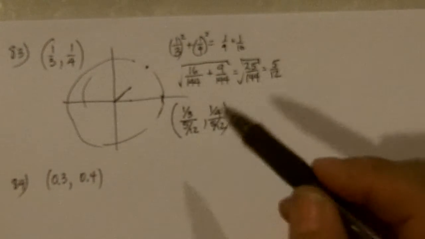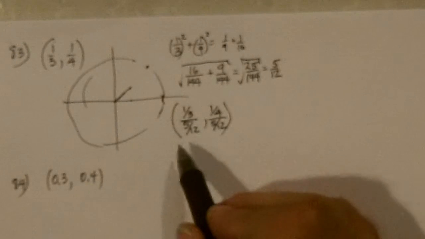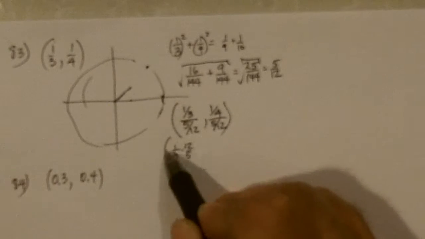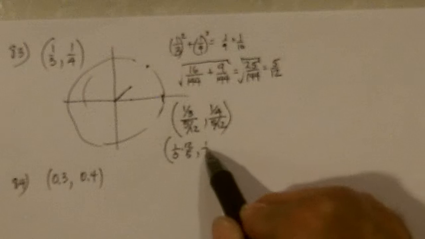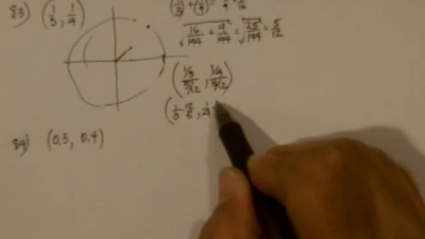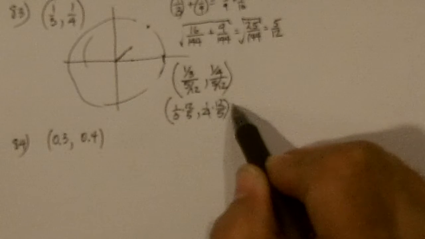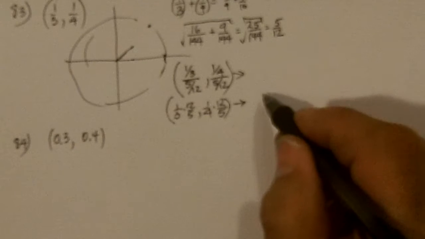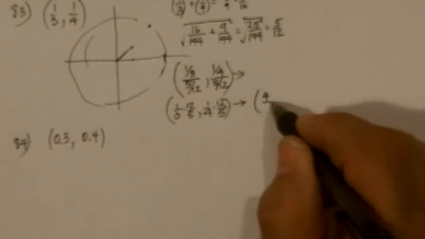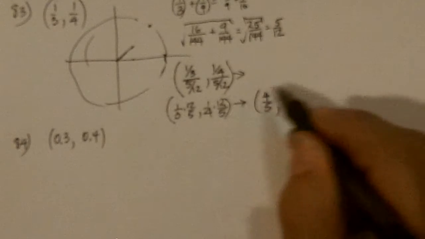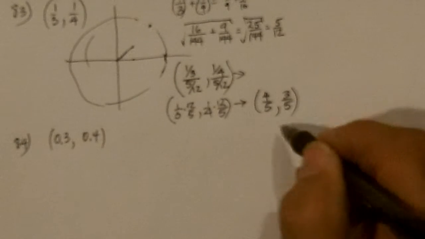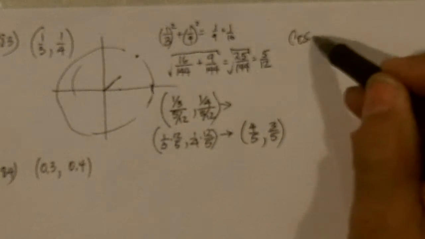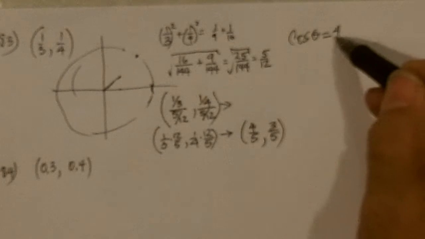And if I invert and multiply, I will get 1/3 times 12/5 and 1/4 times 12/5, which turns into, 3 goes in the 12 4 times, so I'll get 4/5 and 3/5. So the cosine of the angle would be the 4/5.